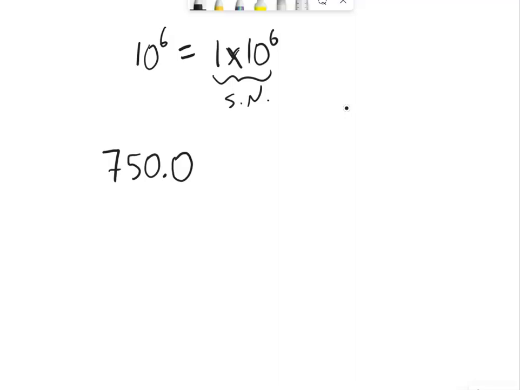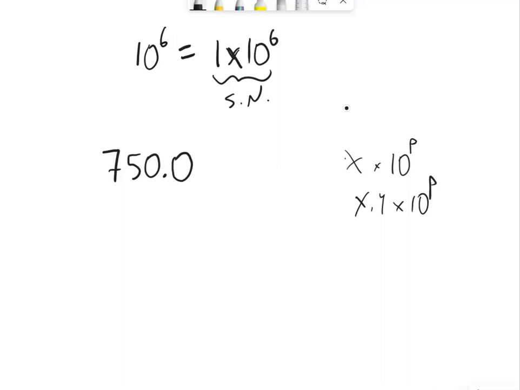But that's not in scientific notation, because what I want is some number times 10 to a power. And in this case, I'm going to want 2 digits. So it's going to be x point y times 10 to the p.